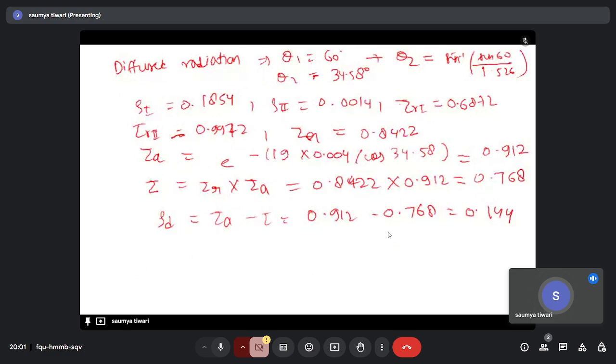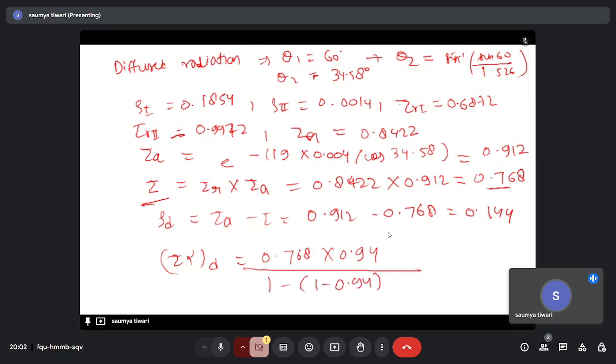Similarly we'll calculate for diffuse radiation, tau alpha, with tau value 0.768 into the 0.94 alpha value, 1 minus alpha into rho d, and this value will be 0.728. So we have calculated the properties of the glass material.